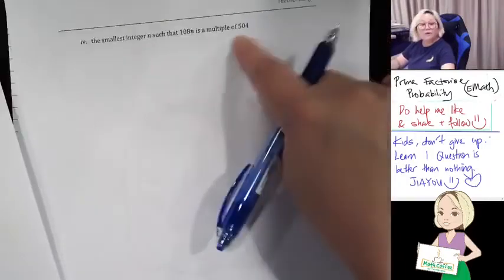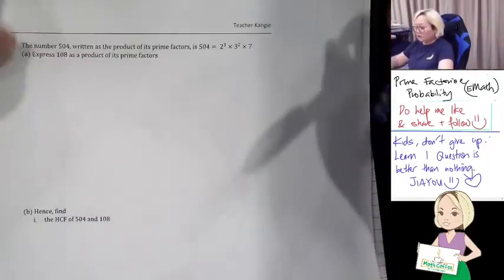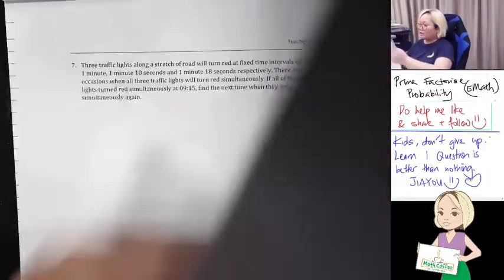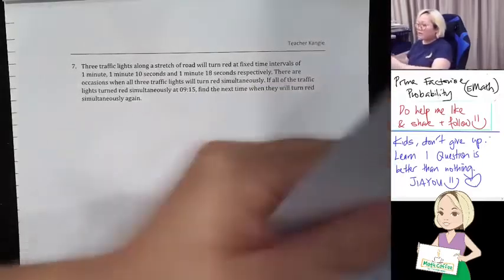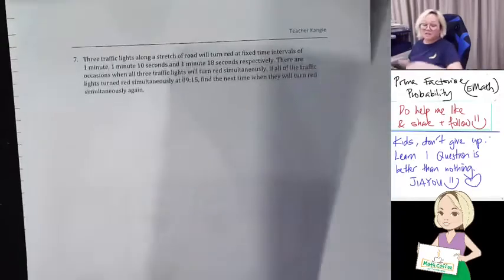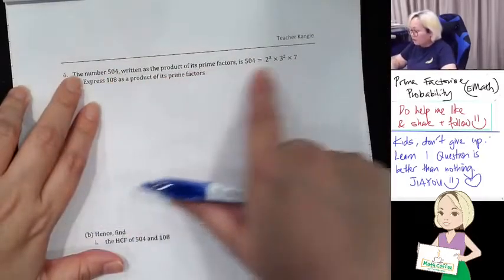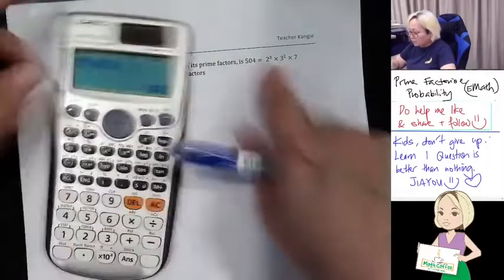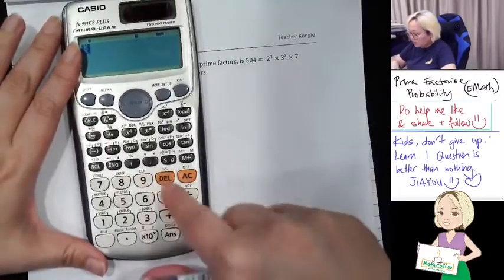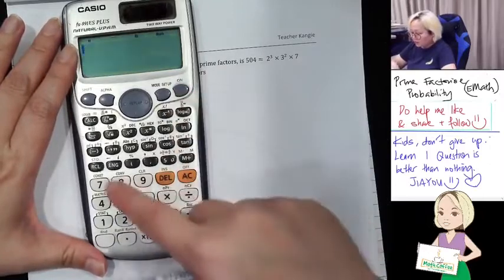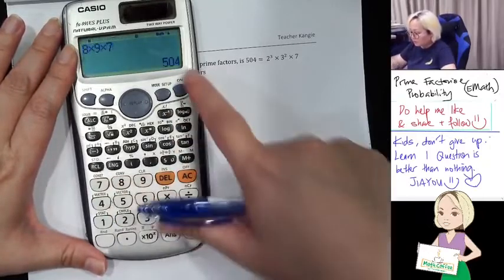Next. So this question 6 is a recap of all the different concepts that we have just learned in the past 30 minutes. The good news is 504 was already done for me. I cancelled a bit, I was scared I got a typo error. So 8 times 9 times 7, okay, it's 504.